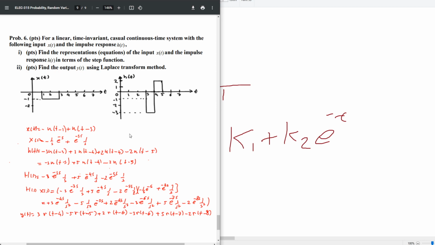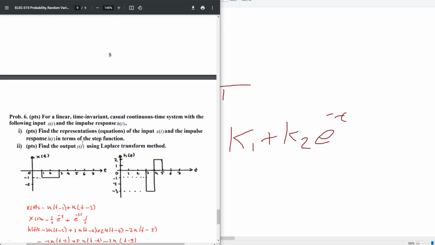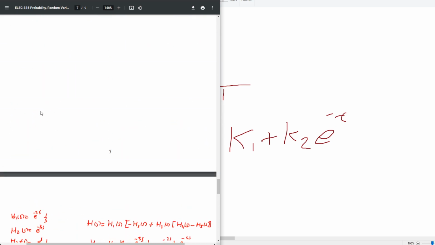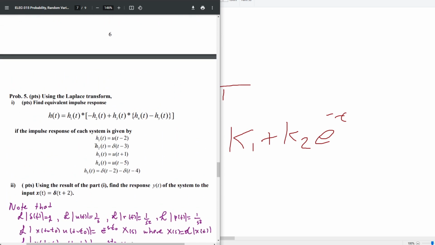So, there's a lot of parts on this final where you can get a lot of points. Of course, I always just say do your best, do what you can. Also, if you get stuck on a problem, just switch to a different problem, come back to it, and get as many parts done as you can.